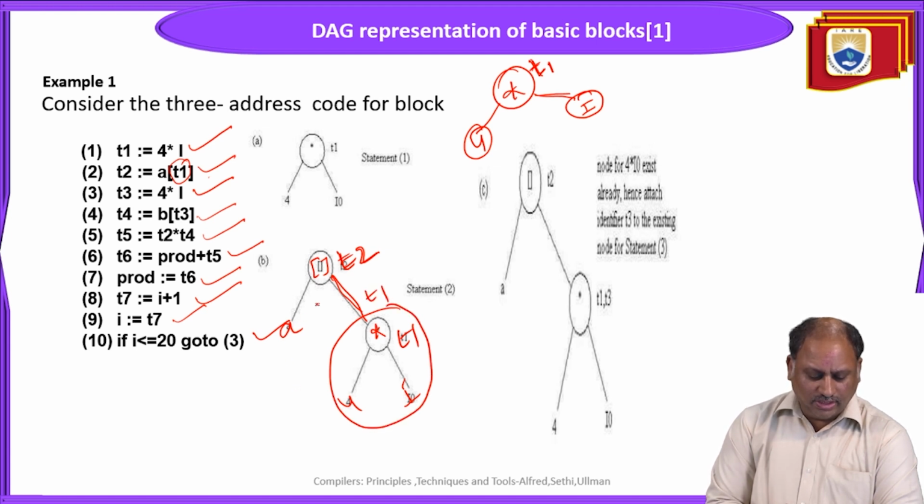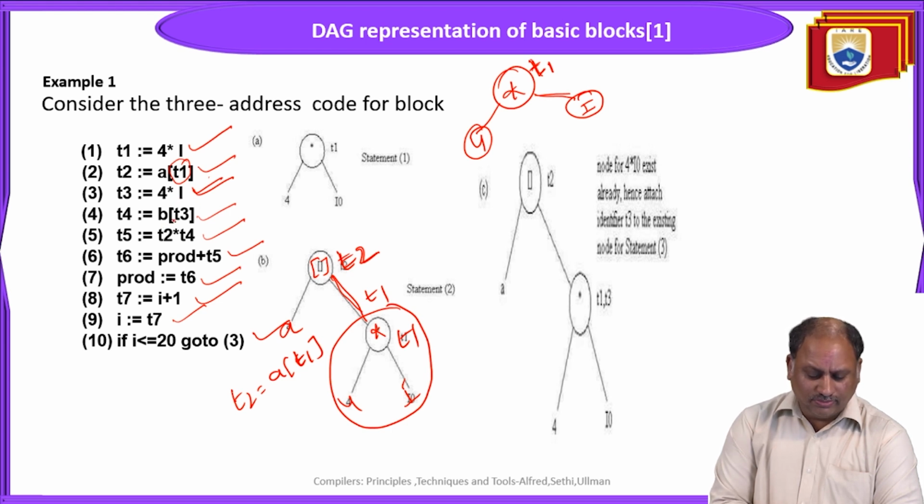So now T2 equal to A of T1. This index is to be calculated with the node procedure notation as one label with the index, with the array on the left and the previous computation T1 on the right. So that leads to the result of T2 equal to A of T1. And the third step is very easy, because we have already computed T3.